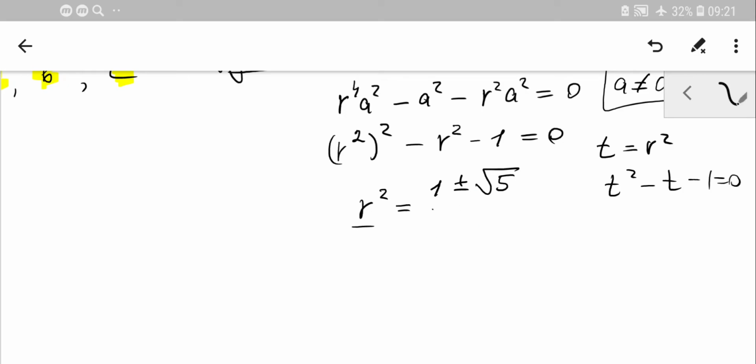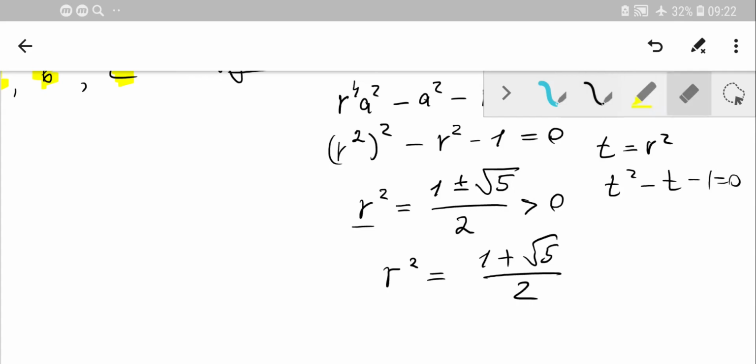Okay guys, you understand that r squared should be positive, and when subtracting the square root of 5 we'll get a negative result, so the only possible value here is 1 plus square root of 5 over 2.